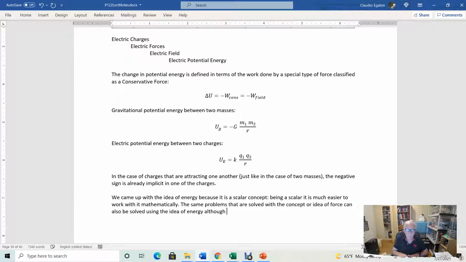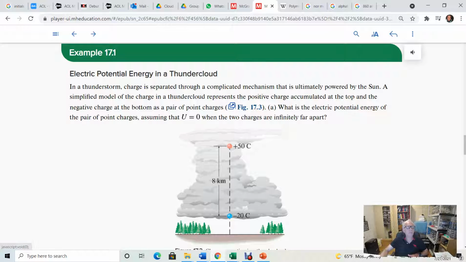Although, in many cases, it is easier to solve a problem using energy. Okay? Now let's do an example here that is in the book, example 17.1.